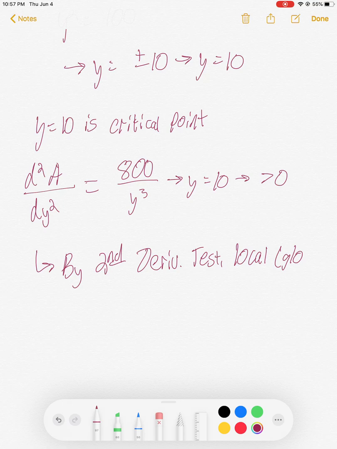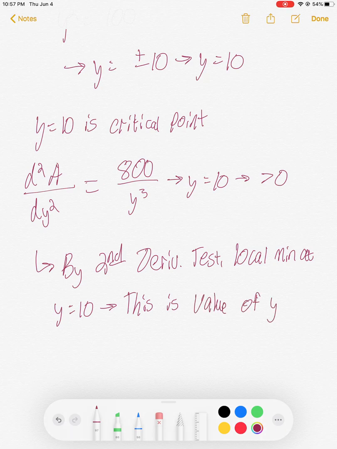And by the second derivative test, there is a local, and in fact a global in this case, minimum. Well, it's global in the sense that out of all of the y values that we care about, it's the smallest.